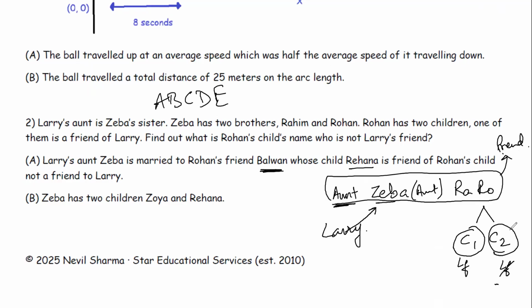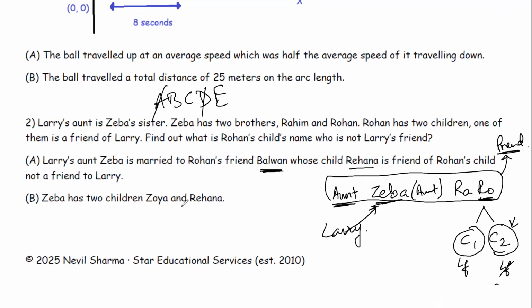All right, so it could be friend also and cousin also, both. So we don't care about that. So we know that Zeba's child is friend to C2. Yeah. So it doesn't give us the name, so A is out, D is out.